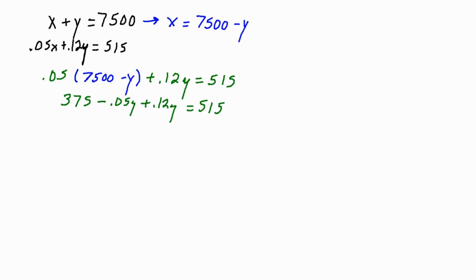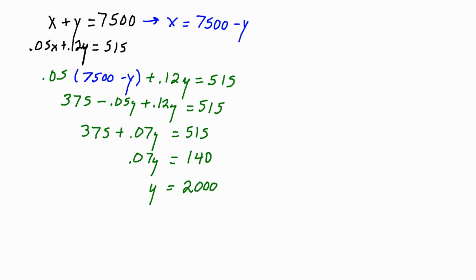Adding my like terms, 375 plus 0.07y equals 515. Subtracting 375 from both sides, 0.07y equals 140. Dividing both sides by 0.07, y equals 2,000.